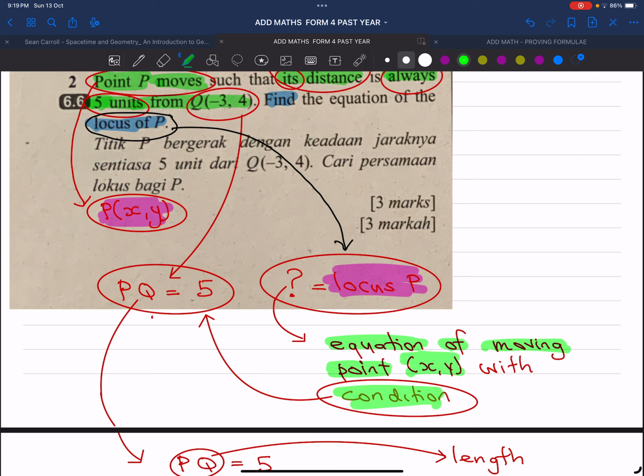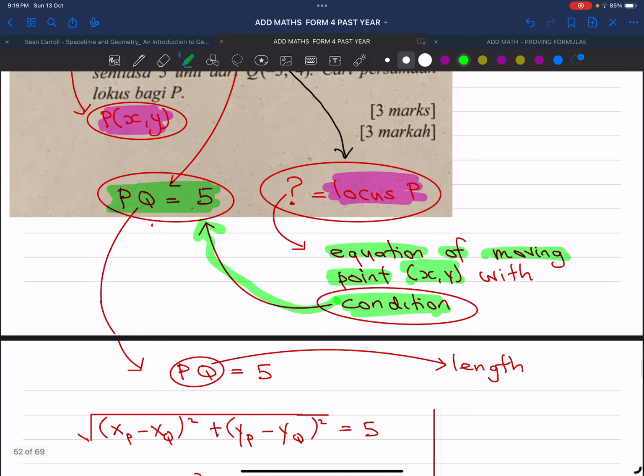In this question, the condition given is PQ is 5. So I'm going to start with PQ equals 5.